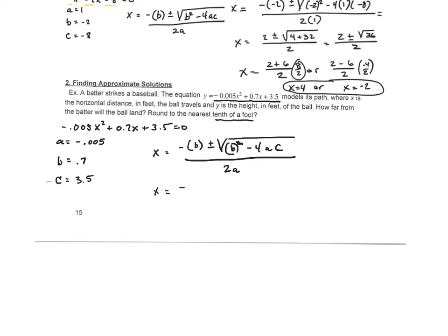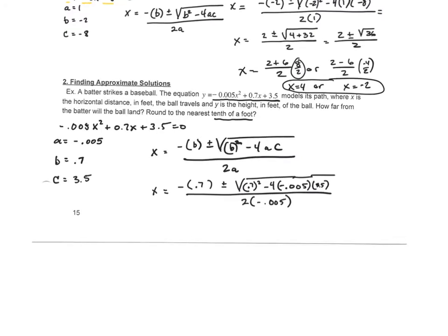And simplifying, I have negative b, and we said b is going to be 0.7 plus or minus the square root of 0.7 squared minus 4 times a, negative 0.005, times C, which is 3.5. All of that is going to be over 2 times negative 0.005.